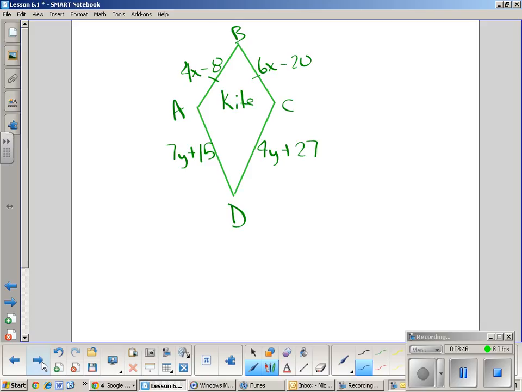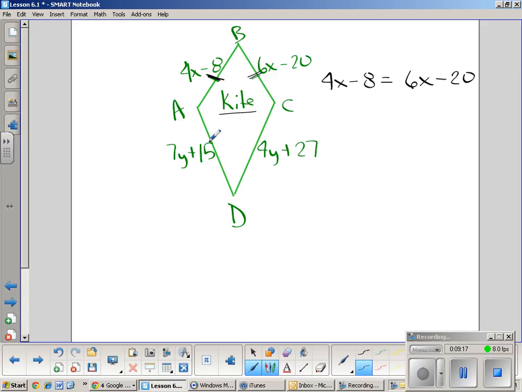Because these sides are the same, 4x minus 8 is equal to 6x minus 20. That's correct. Because this is a kite, these two sides are equal.